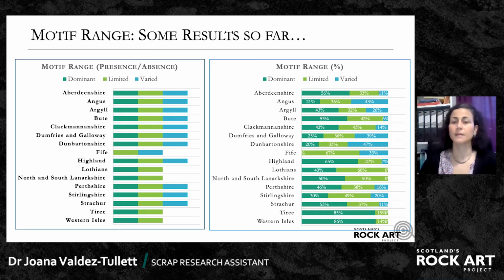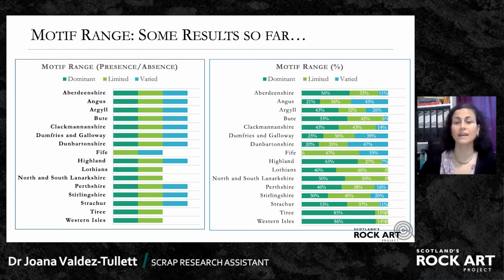There are obvious examples of rocks with a varied motif range, and we can all think of large panels with many different types of motifs. But the fact is that the majority of them was quite limited, and overall Atlantic rock art tends to be quite monothematic, as I've mentioned before, with certain types of motifs dominating the iconography.